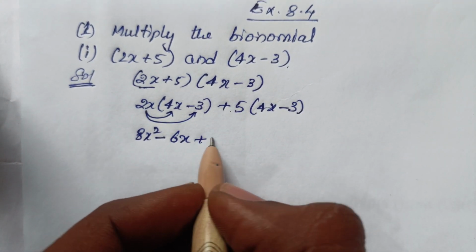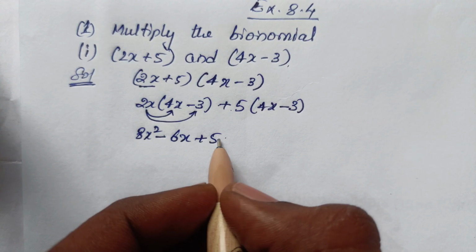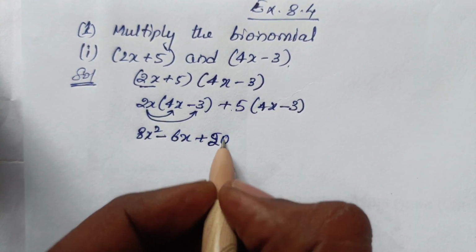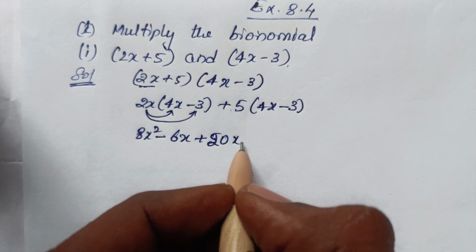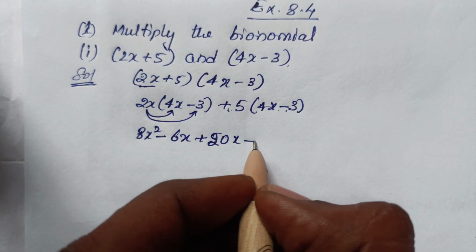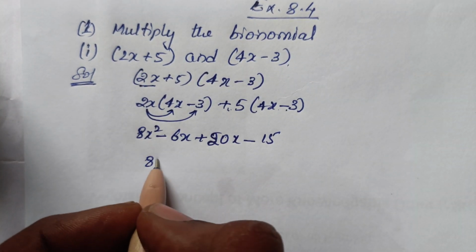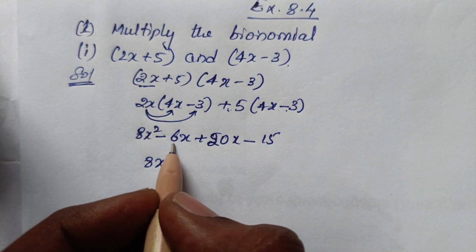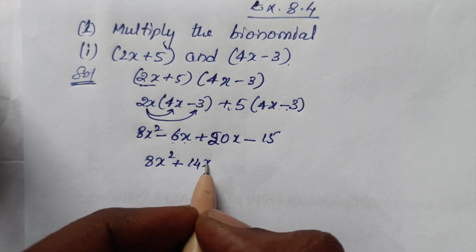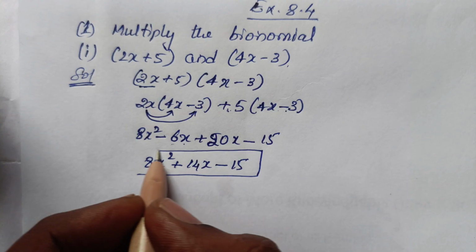Now plus 5 into 4 is 20, x, plus into minus is minus, 3 5s are 15. Now this can be written 8x square minus 6x plus 20x will be plus 14x minus 15. This is the answer.